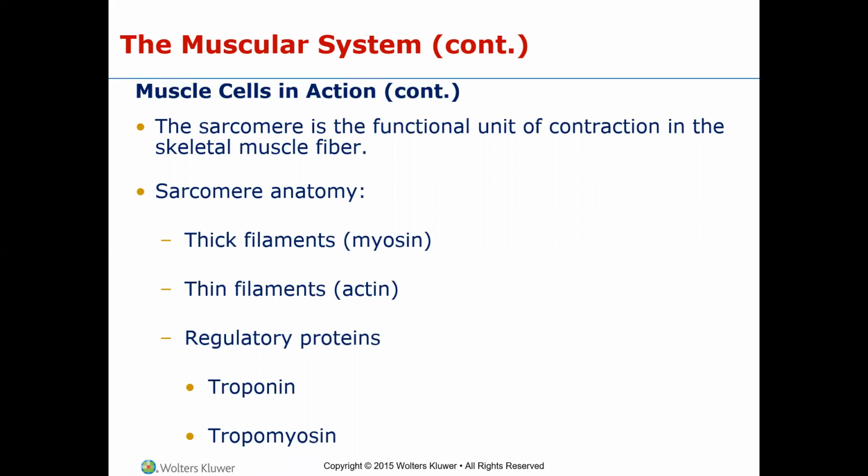There are 2 different parts to a muscle cell, and muscles themselves are only made up of some proteins, and those proteins are either a thick filament or a thin filament. The thick filament is myosin, the thin filament is actin. There are some other proteins that come into play here that are responsible for the contraction to take place, and those are troponin and tropomyosin. Those are associated with the actin.